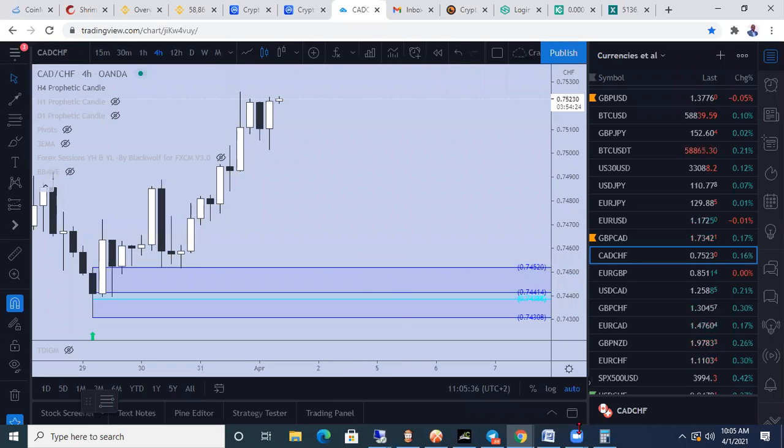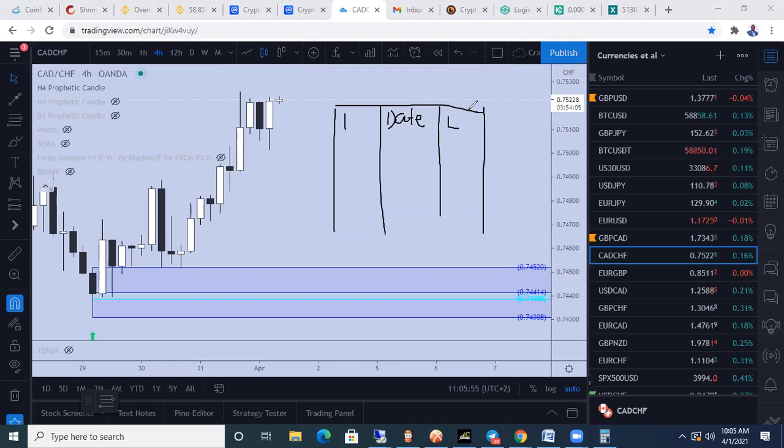And in your back test sheet, you would have your serial number, trade number 1. You have the date, so you could easily refer back to it if you want to. Then you have a loss or a win.